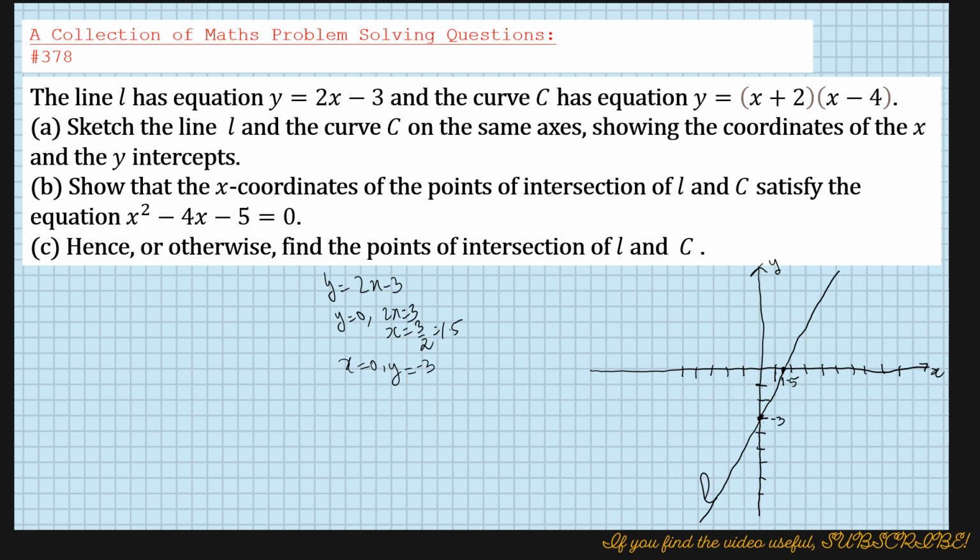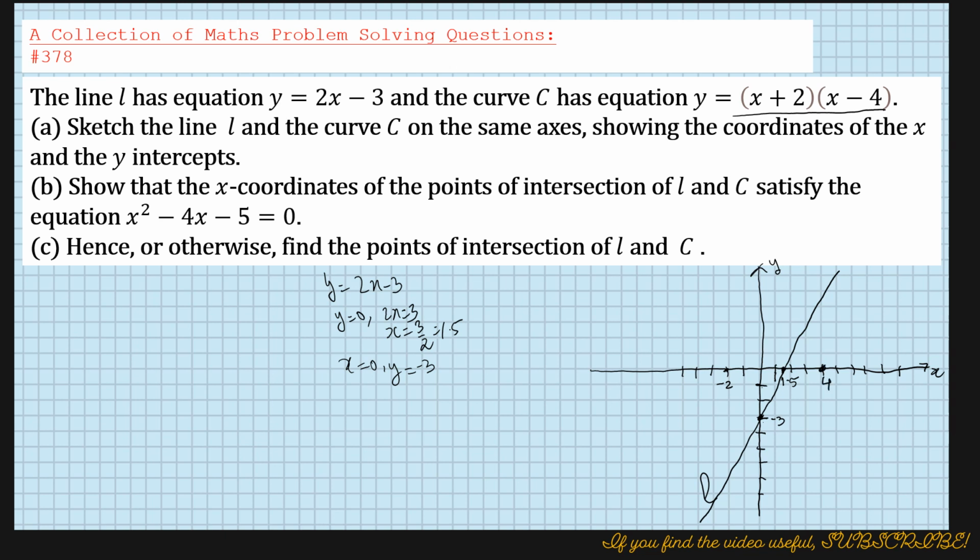And then we have to do the curve. The curve is y equals (x plus 2) times (x minus 4). So definitely the curve would pass through the x-intercepts, which would be minus 2 and 4. So minus 2 is here, and 4 is 1, 2, 3, 4.